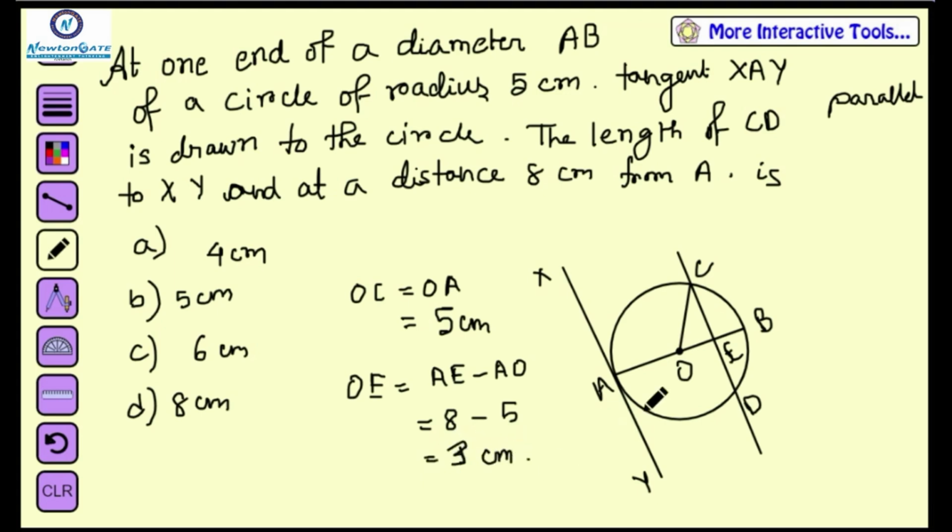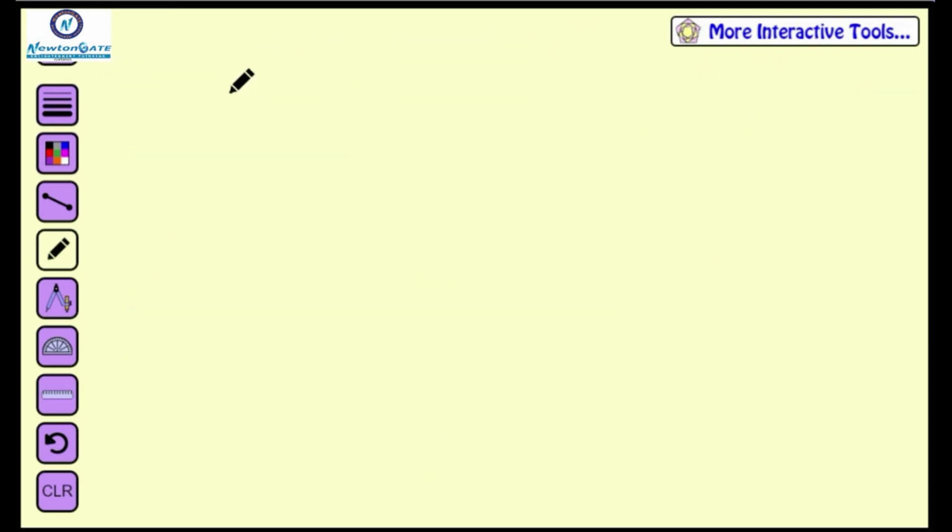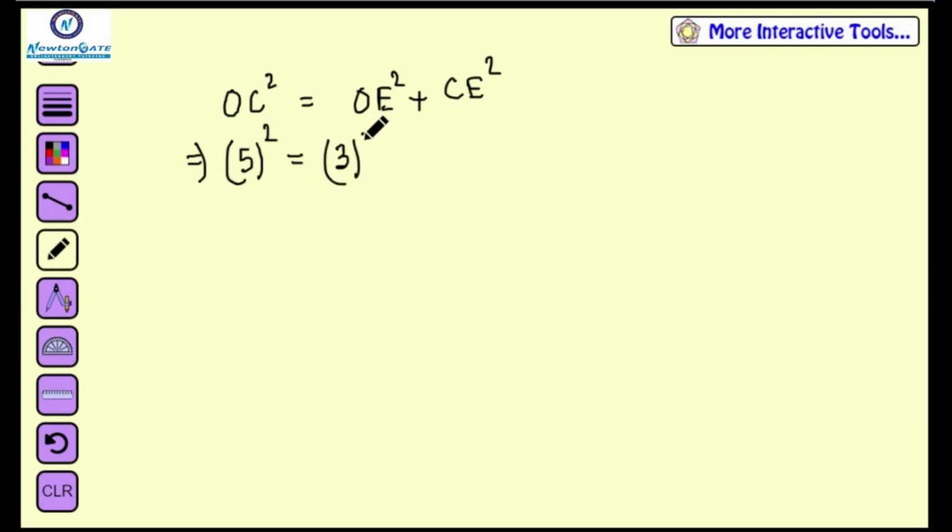In the triangle OEC, the angle E is 90 degrees. So OEC is a right angle triangle. From the Pythagoras theorem, we write that OC square equals OE square plus CE square, and the length of OC is 5. So 5 square equals the length of OE, which is 3 square, plus CE square.